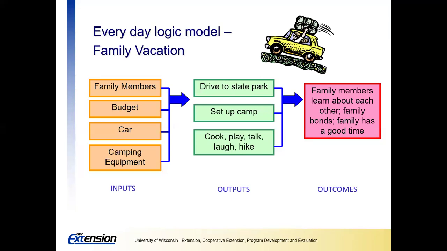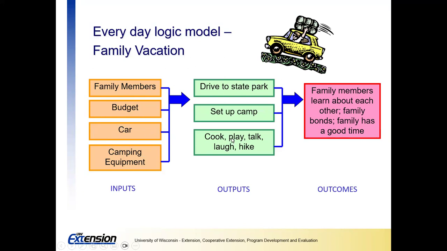Here's an example of a family vacation. What are the inputs? Well, first we need the family members, the budget, a car, and camping equipment.